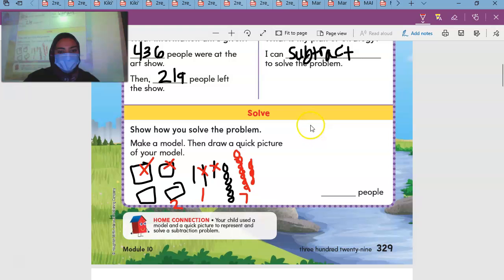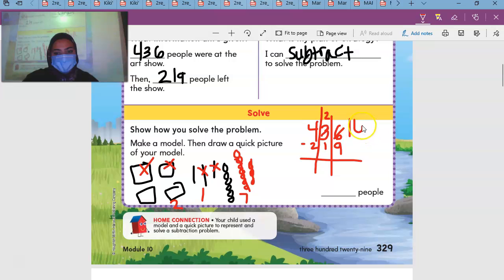I'm going to do an elevator or escalator and check that. 436 take away 219. 6 take away 9. Can you do that? No, you have to borrow. The 3 becomes a 2 and the 6 becomes a 16.